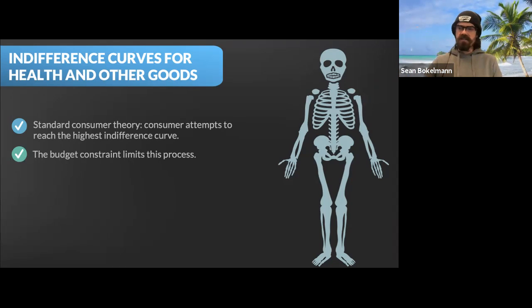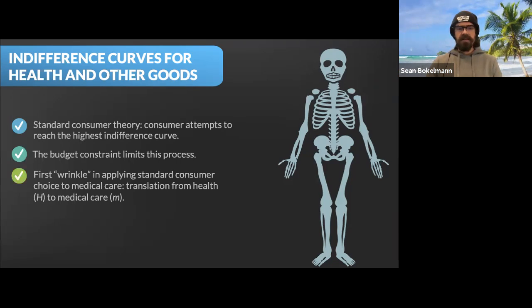So far, this is all standard stuff. Normal consumer choice theory. But there is one major difference here: we cannot purchase health directly like we can purchase whatever is in X. Clothing, food, all that stuff in X, we can buy. That's normal. But we can't buy health directly.